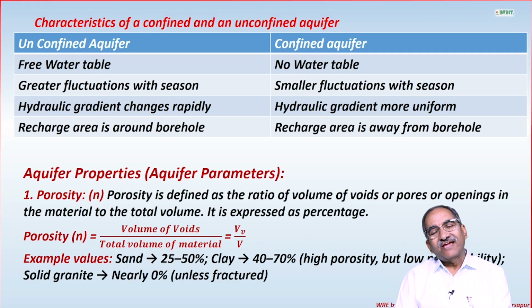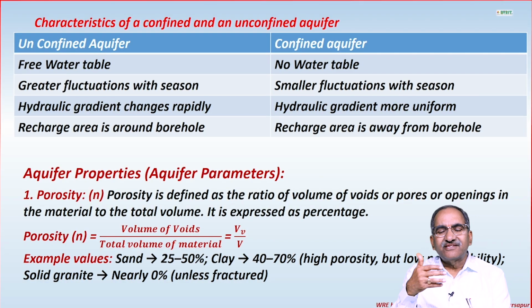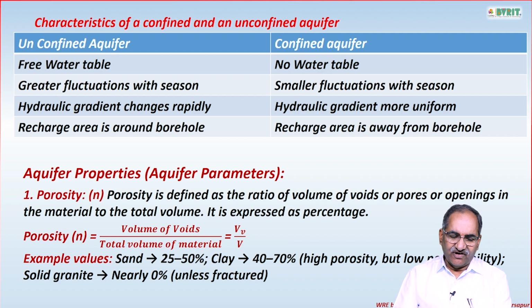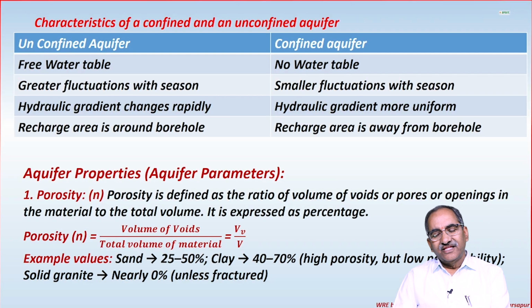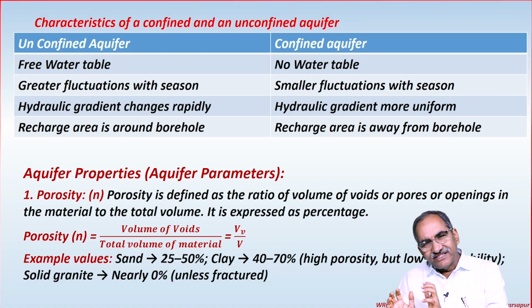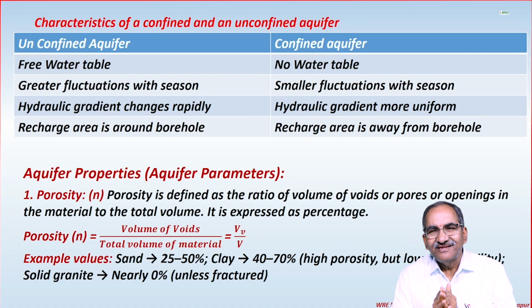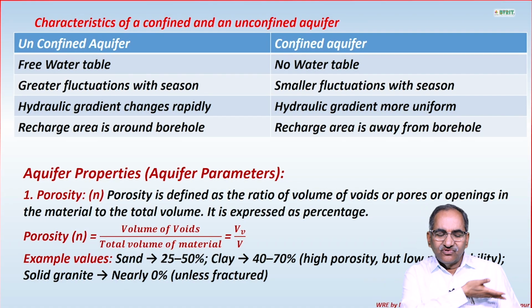Let us go into the aquifer parameters, or aquifer properties, anything is fine. There are different properties or parameters which we need to study in the case of an aquifer. What are they? The first one is porosity, very important. What is porosity? It is the ratio of the volume of voids, or empty space or pores, to the total volume of the soil.